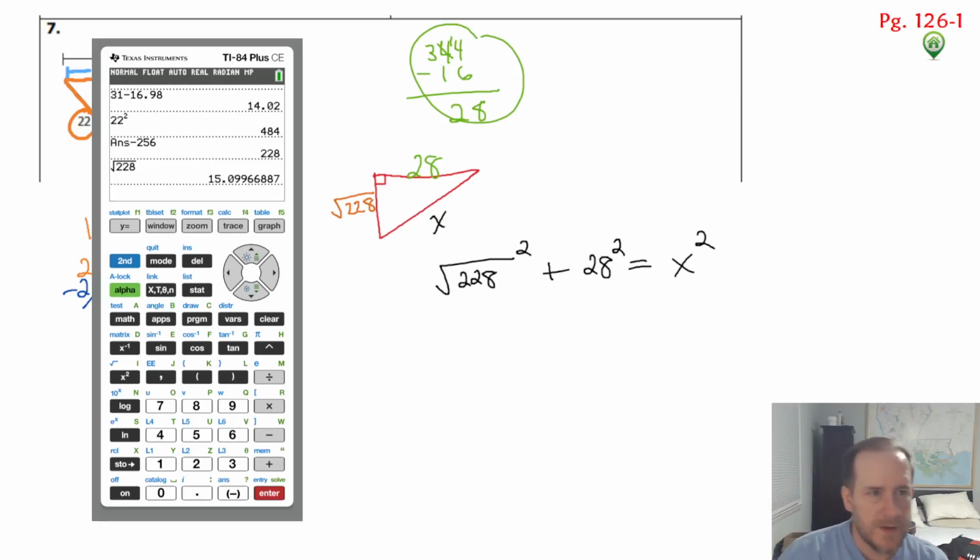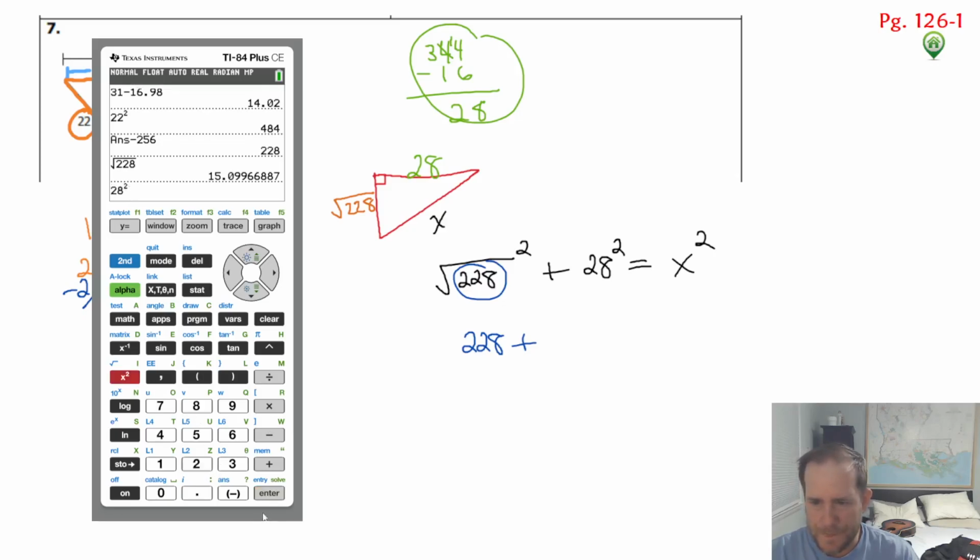All right, but now the square root of 228 squared, it's easy to square those because anytime you square a radical, the radical and the exponent just cancel out, and you get back this number that was underneath. So I know this whole thing is just going to be 228. Then I need 28 squared, which is apparently worth 784.